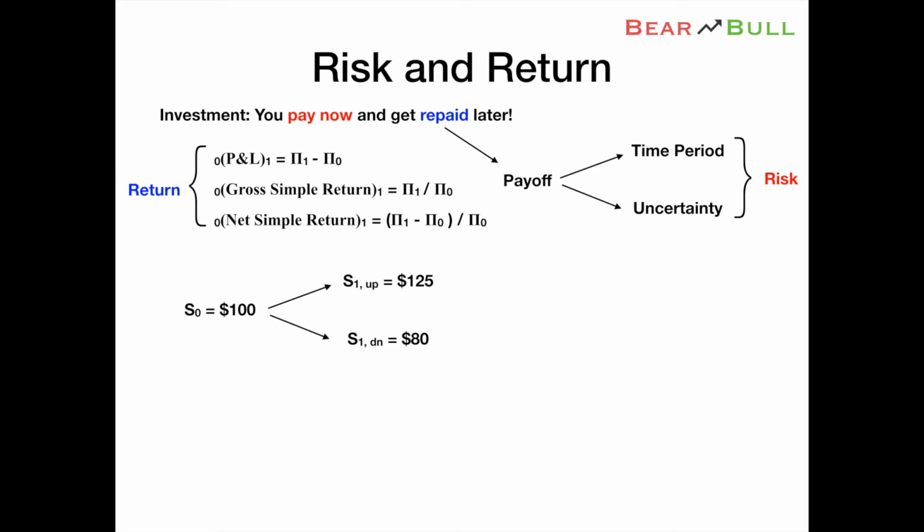Since we don't know for sure what the value of stock S will be at time 1, we can say that this investment has risk. On the other hand, bond B here has a value of $1 at period 0. And in either the up or down state of the economy, the value goes to $1.5. So we know for sure what the value is going to be in period 1. Therefore, we consider this investment risk-free.